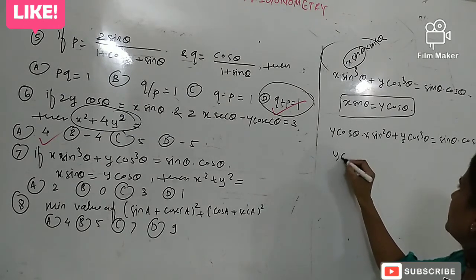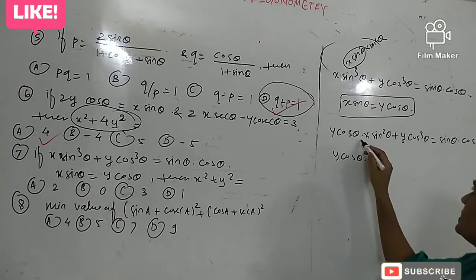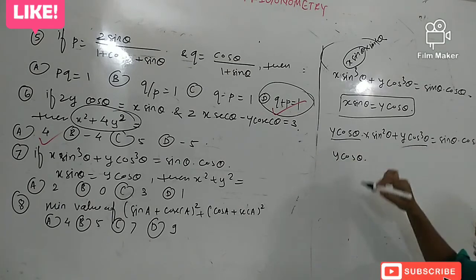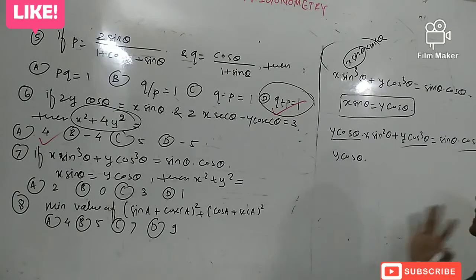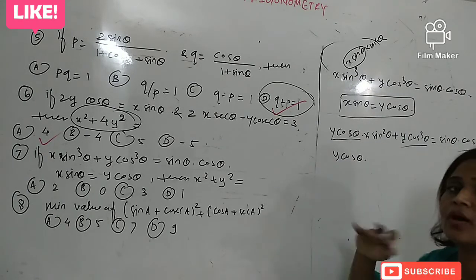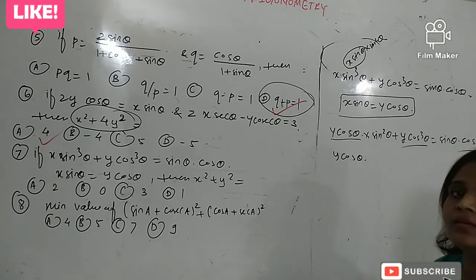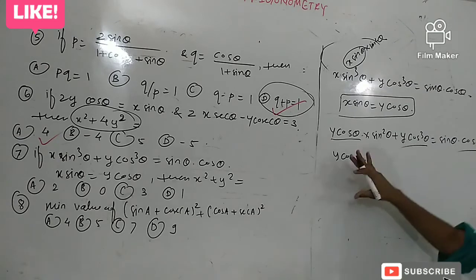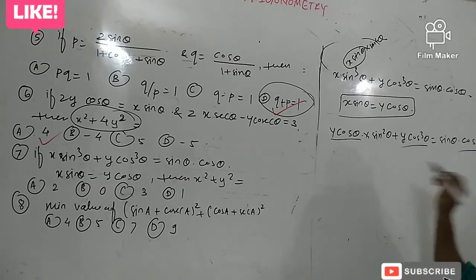Then convert the whole expression in terms of cos. Every term has a cos theta common. This term has cos theta, this term also has cos theta, and the right hand side also has cos theta. So I can take cos theta common from the left hand side and cancel it with the cos theta on the right hand side, or just divide by cos theta.